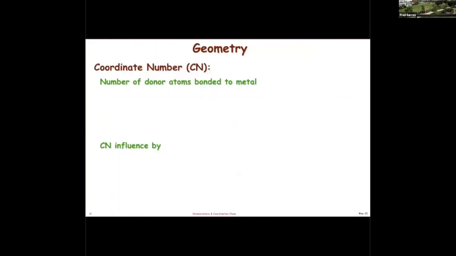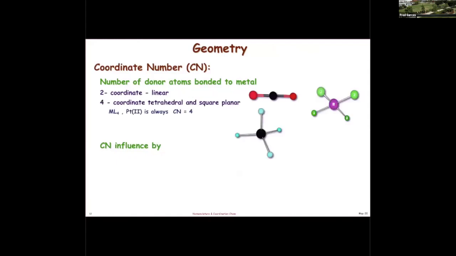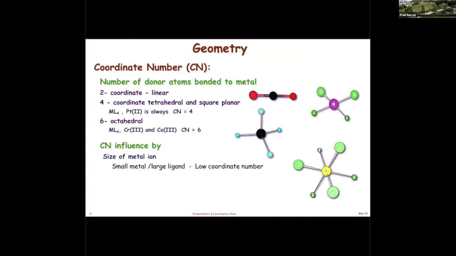So, a review again. Coordination number has to do with, in terms of view of the metal, how many bonds the metal has, and it's going to be influenced by the size of the metal and the size of the ligand. So, small metals with large ligands can only accommodate a few of the ligands because there's not a lot of space out there.